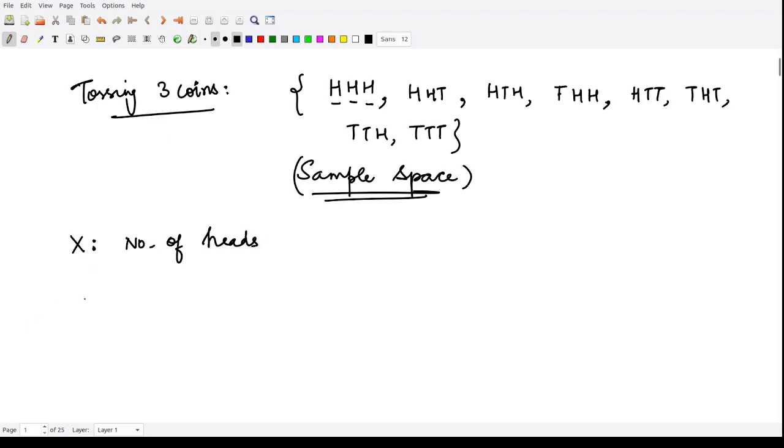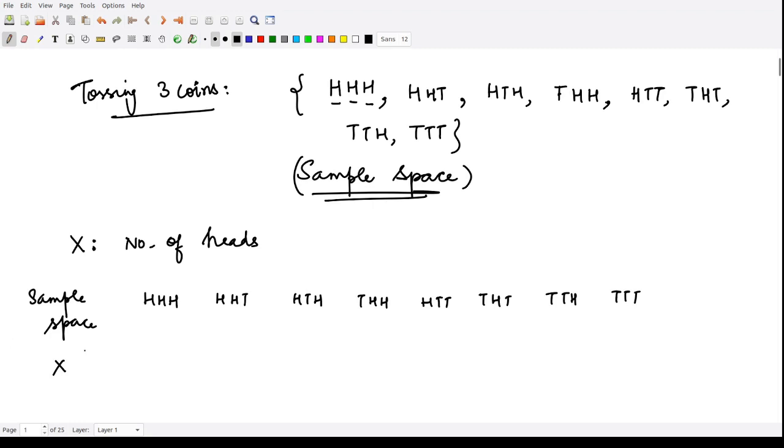Here, if x denotes the number of heads appearing when you toss 3 coins together, what is your sample space? You can list it: HHH, HHT, HTH, THH, HTT, THT, TTH, and last TTT.